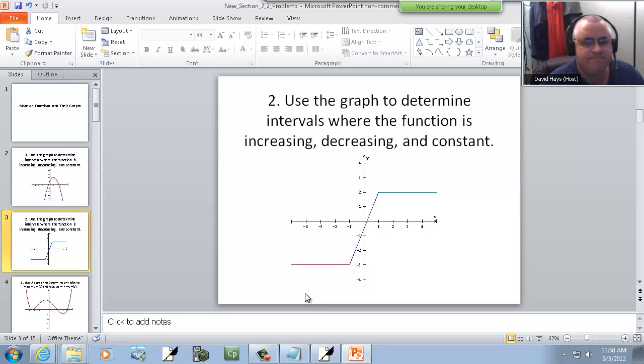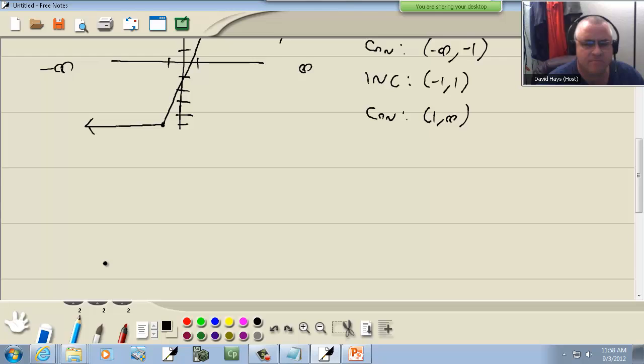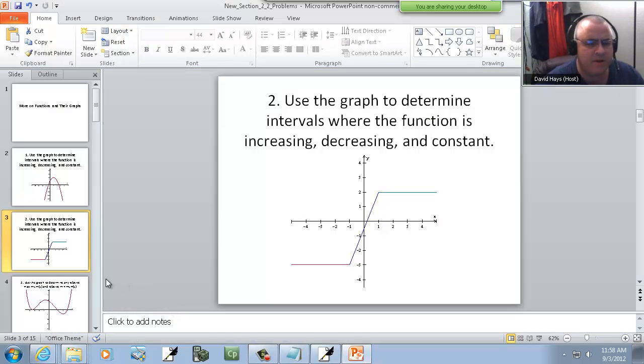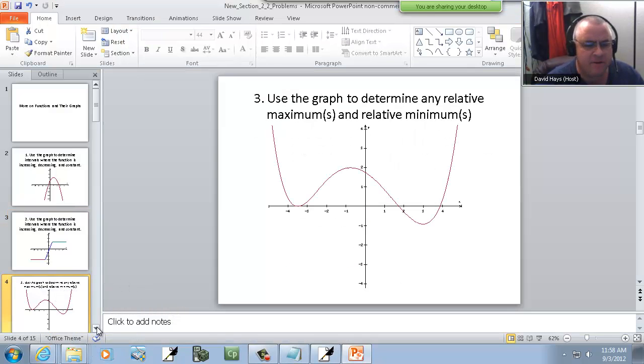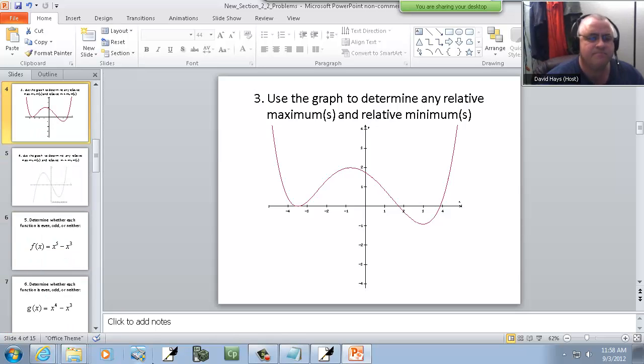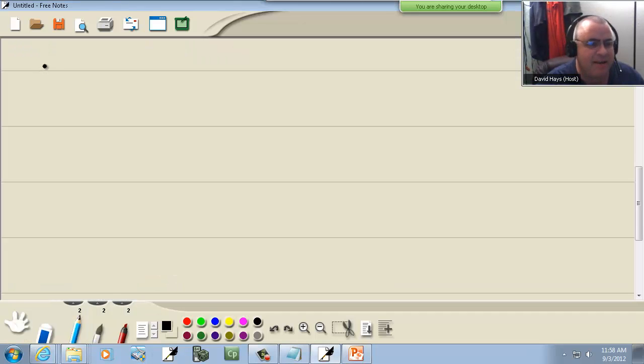Now the next problems, let me sketch this graph down, and then we'll talk about what these items mean.